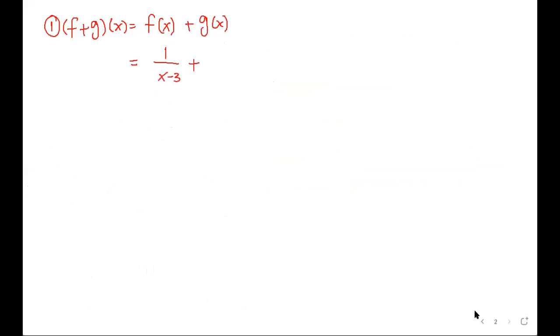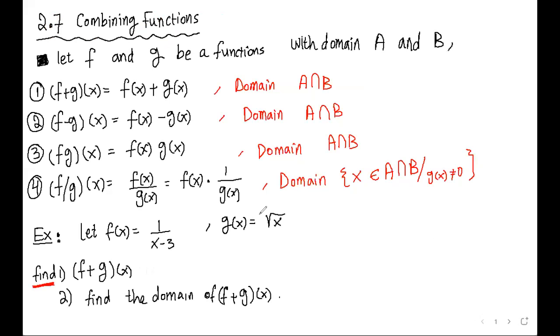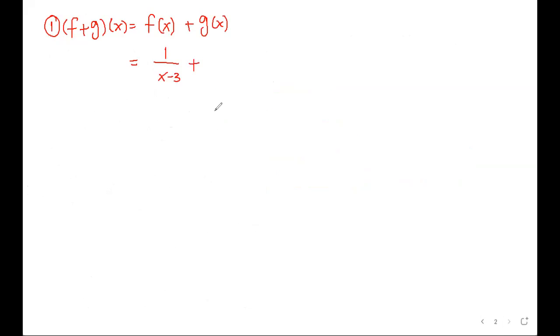Plus, what's g(x)? Square root of x. So (f plus g)(x) is 1 over x minus 3 plus square root of x.